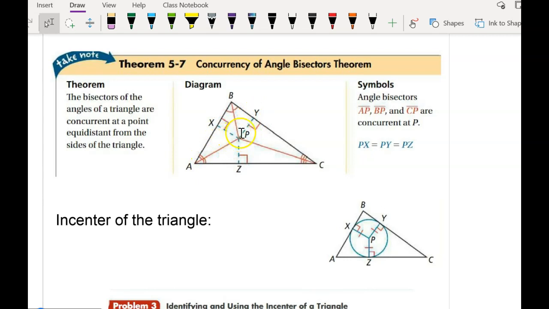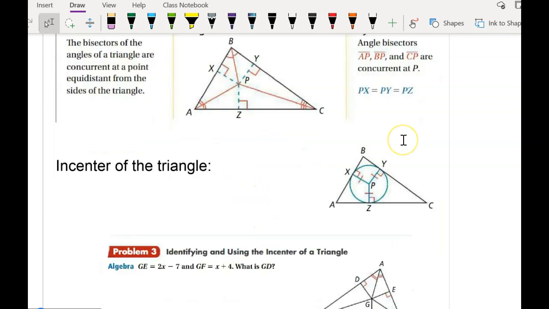So notice that point P is equidistant from X, and equidistant from Y, and equidistant from Z. So another way to say that is PX is equal to PY, which is equal to PZ. Which leads us to another vocabulary word, the incenter of the triangle.